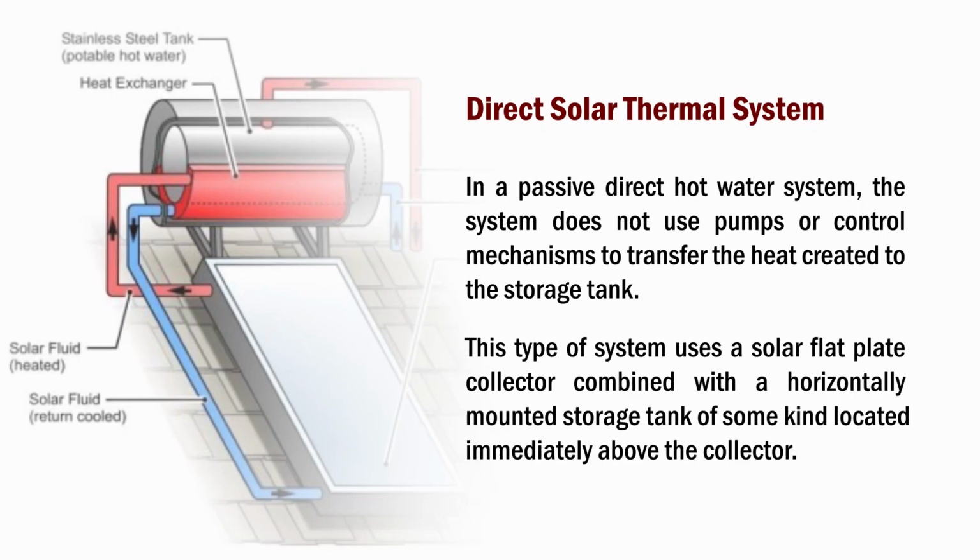This type of system uses a solar flat collector combined with a horizontally mounted storage tank located immediately above the collector. The water heated by the sun rises naturally using convection through the solar collector pipes and enters the storage tank situated above.